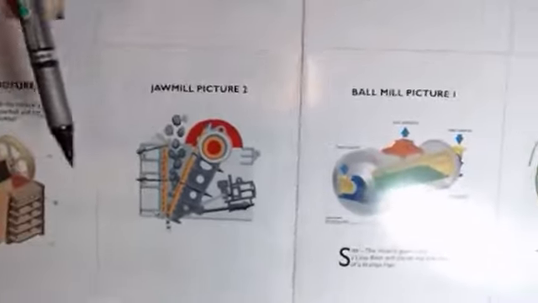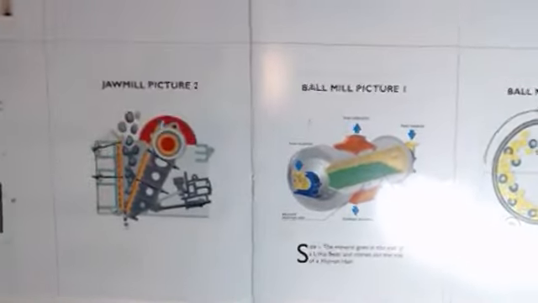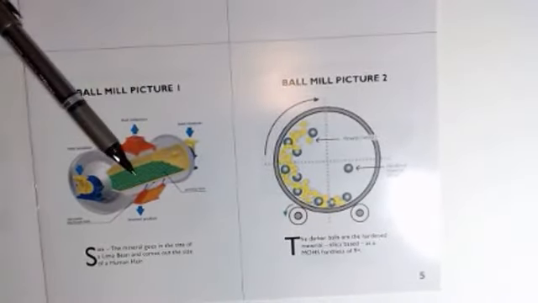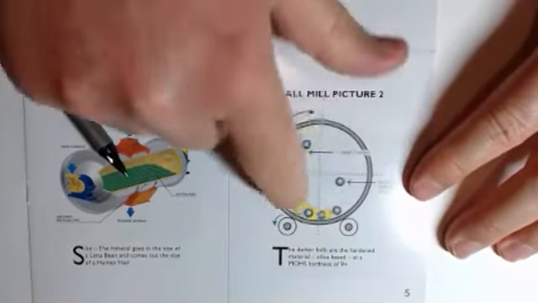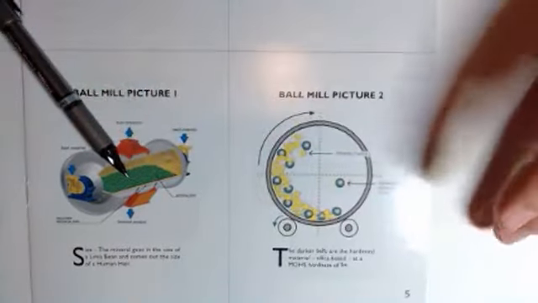And then from there, we put it into what's called a ball mill. Here's a ball mill, and it tumbles and tumbles, like this image, almost like your dryer.